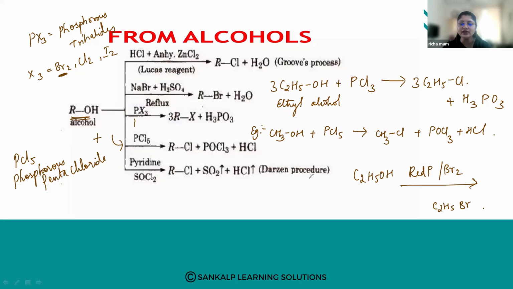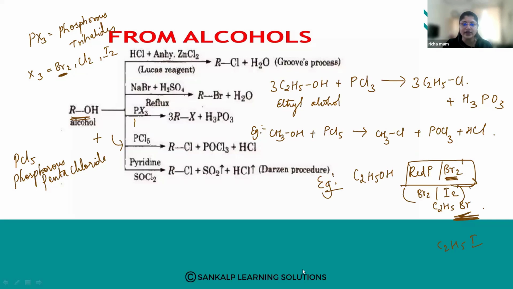Instead of bromide, you can also use iodide, either of these, and you can get the respective alkyl halide. So this is another method wherein you can use red phosphorus. If you want to prepare a bromo compound, use Br2. If I want to prepare ethyl iodide, then I'll use I2. So this is a very important reaction.